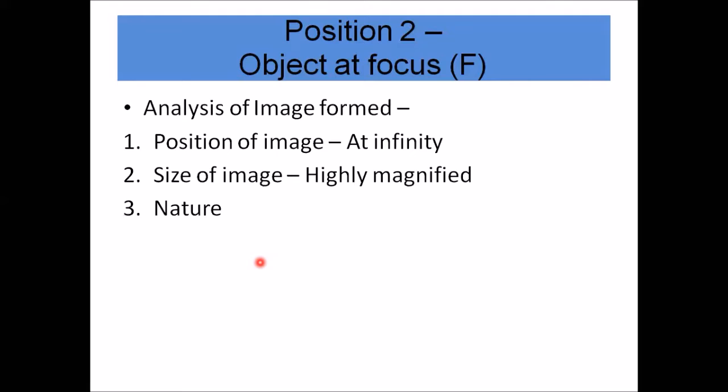And how will be the nature of the image? Yes, the reflected rays are going to meet somewhere at infinity, so it is going to be a real image. And we have seen that the reflected rays are going to meet below the principal axis at infinity, so it is going to be inverted.